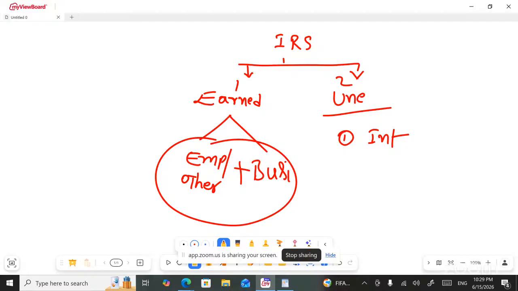That interest income is generated because of the funds or investment, not the personal effort of any person. Second one, dividend from shares. It is also unearned income. Third one is capital gains.